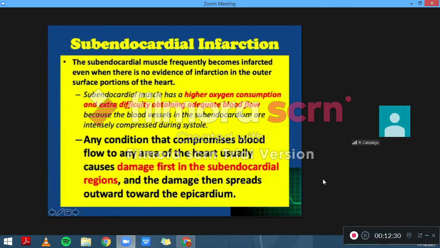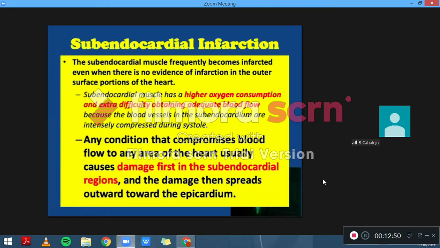The subendocardium is often the most frequently infarcted portion of your heart because the endocardium has a higher oxygen consumption and extra difficulty obtaining adequate blood flow, because the blood vessels in the subendocardium are intensely compressed during systole.